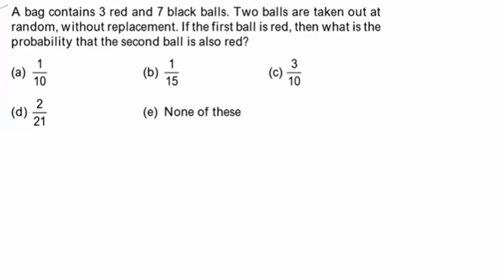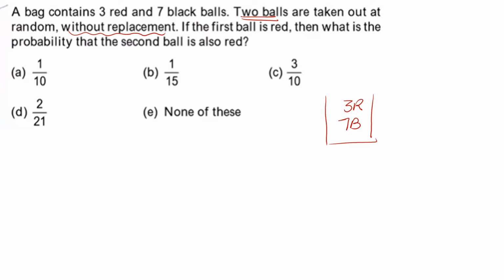A bag contains 3 red and 7 black balls. So I am writing here 3 red balls and 7 black balls in the bag. 2 balls are taken out at random without replacement, so no replacement is done.